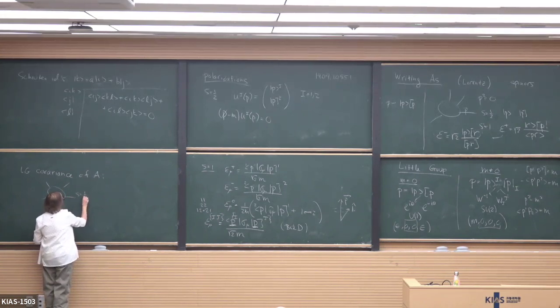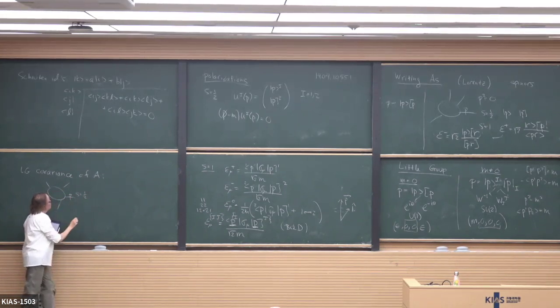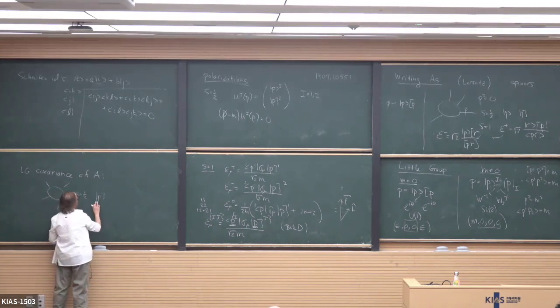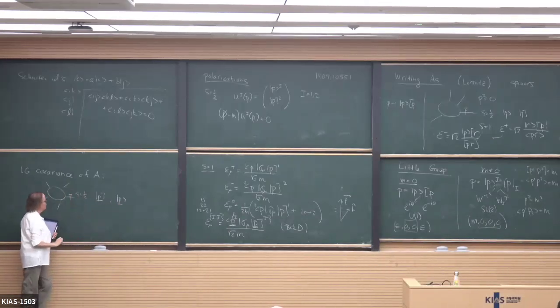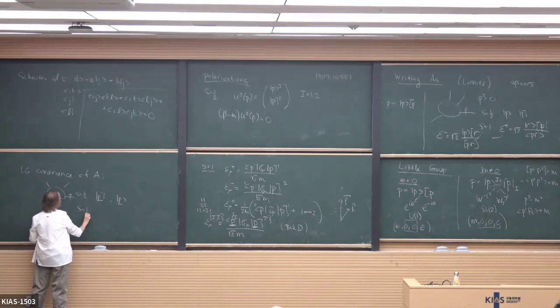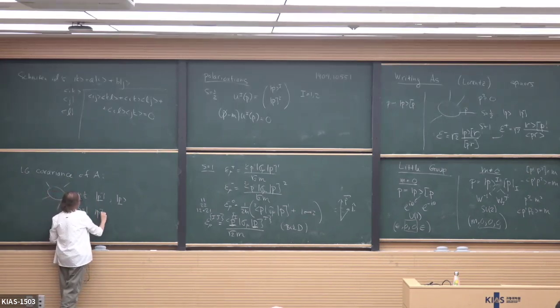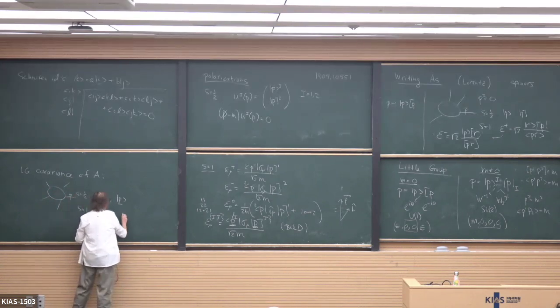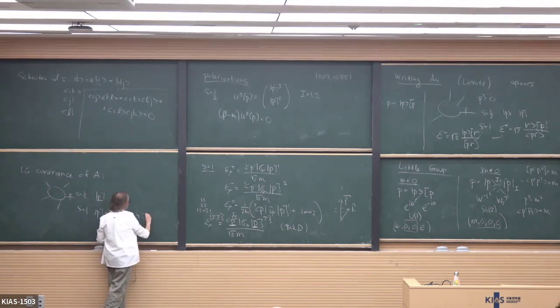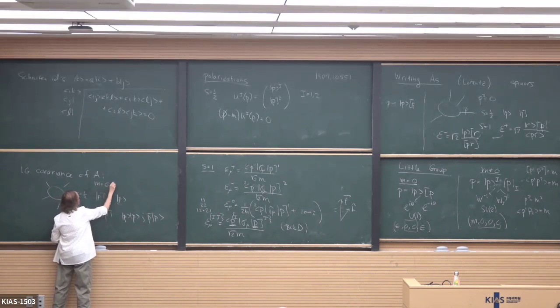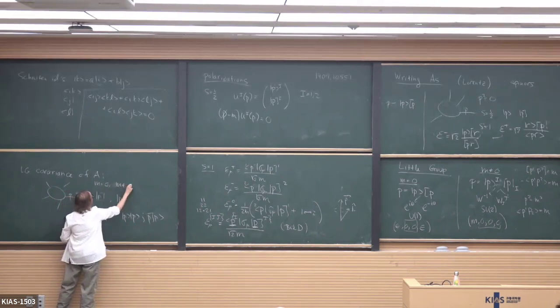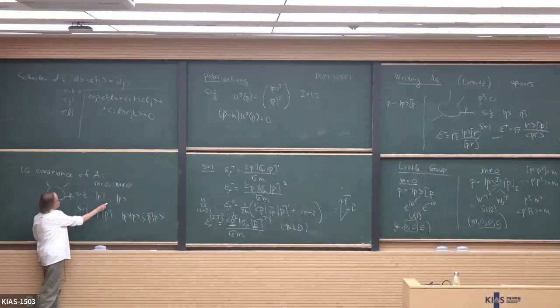So for a spin 1/2 particle with momentum P, I have to have some |P⟩ or |P]. And again, these are underlined because these are massive now. And for spin 1, I need to have... I can do this for either m equals 0 or non-zero m, so this holds for both.